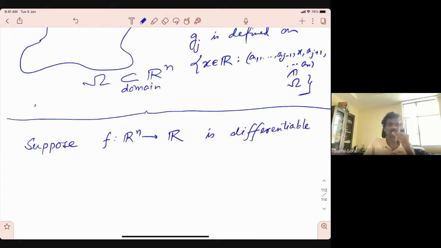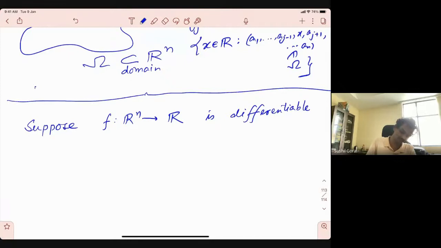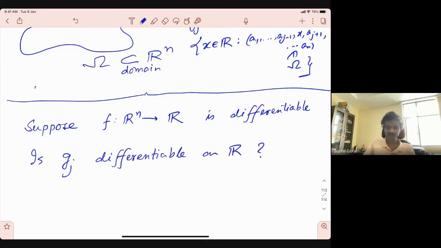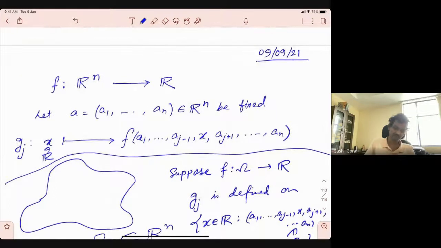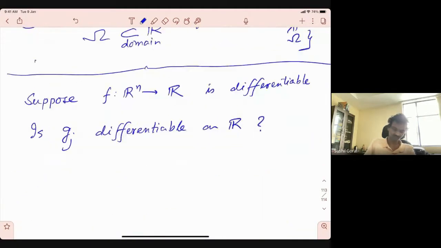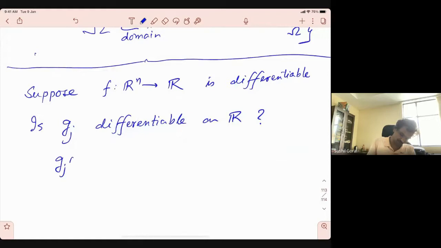Can you tell me whether gj is differentiable on R? gj is defined as before: gj(x) is f(a1, ..., a_{j-1}, x, a_{j+1}, ..., an).